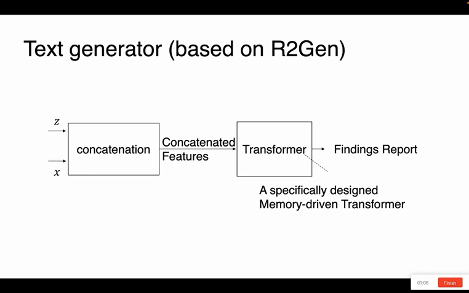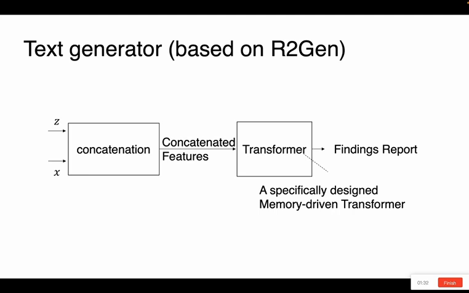To achieve radiology report generation conditioned on extracted visual and textual features, we first concatenate these extracted features to integrate both visual and textual data. Then, using R2Gen as a baseline, we follow their method to incorporate their specifically designed memory-driven transformer.